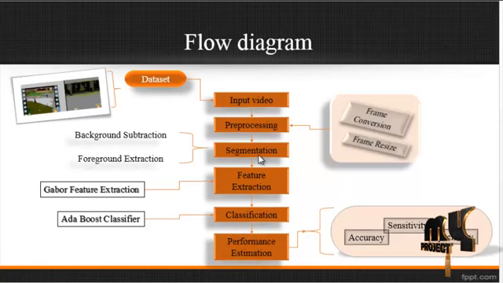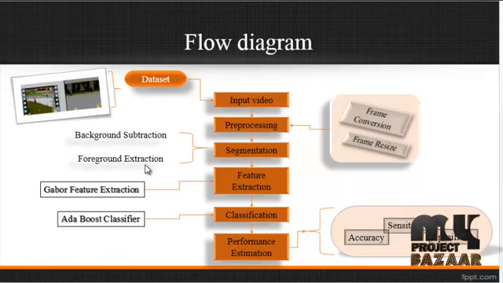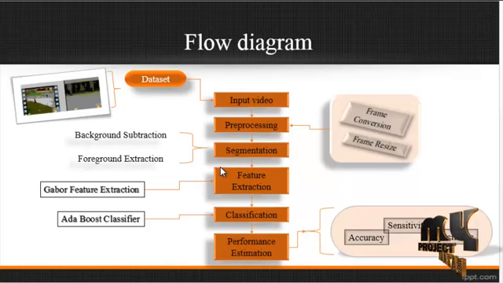After the pre-processing step, the segmentation will be carried out. In this segmentation, we extract the background and the foreground separately. Foreground is the region of interest which we require in this project. After the segmentation, the feature extraction is carried out. In this feature extraction, we use the Gabor feature extraction method to extract the feature values from the frames.